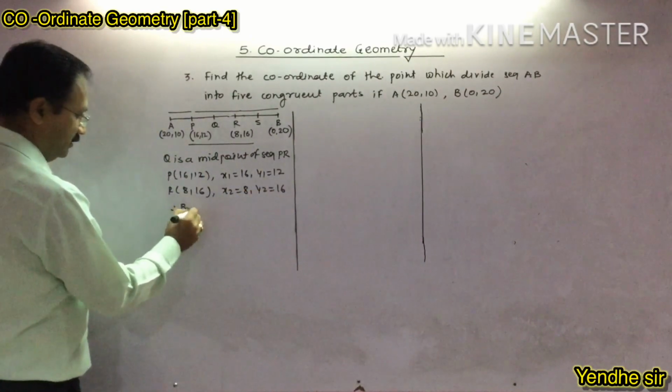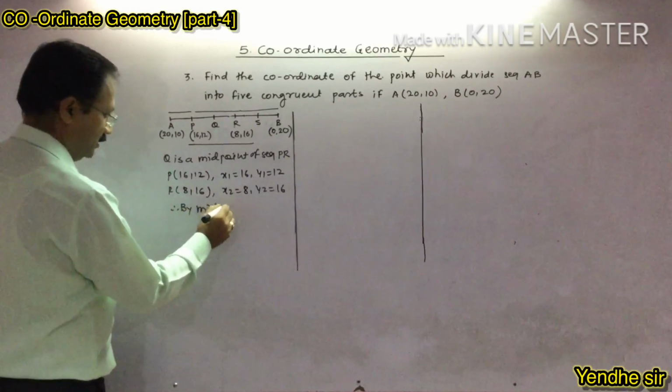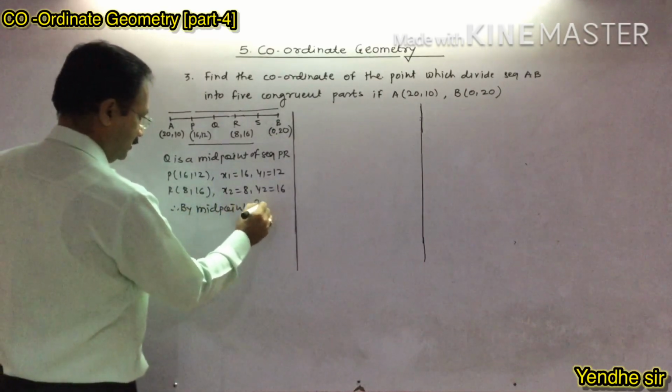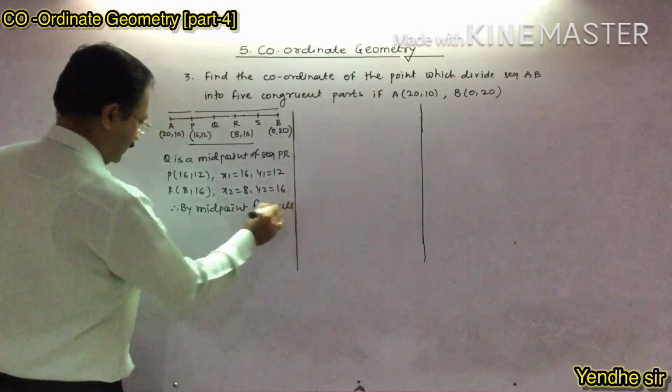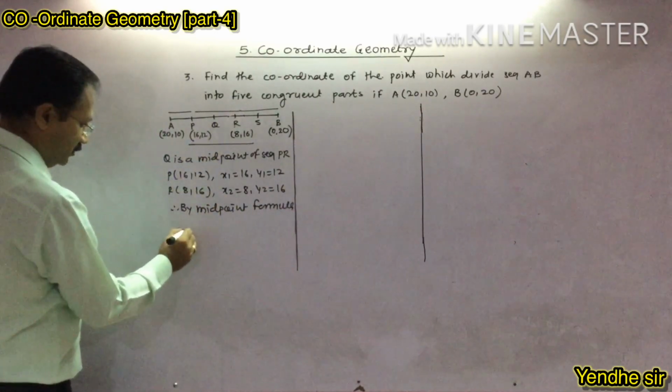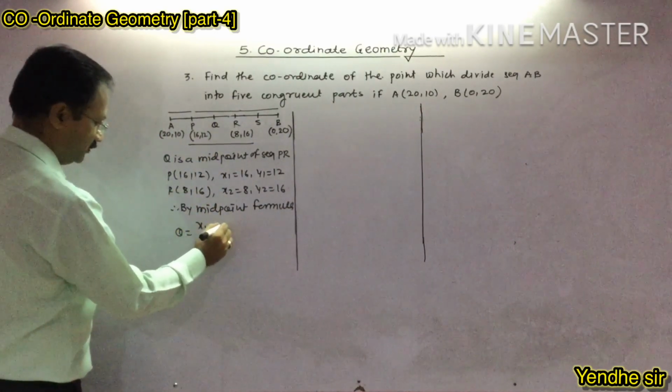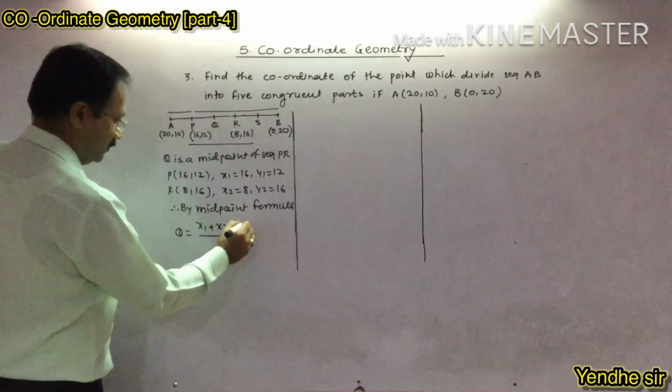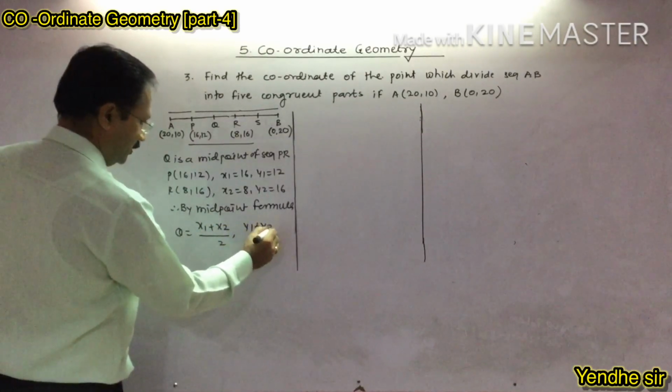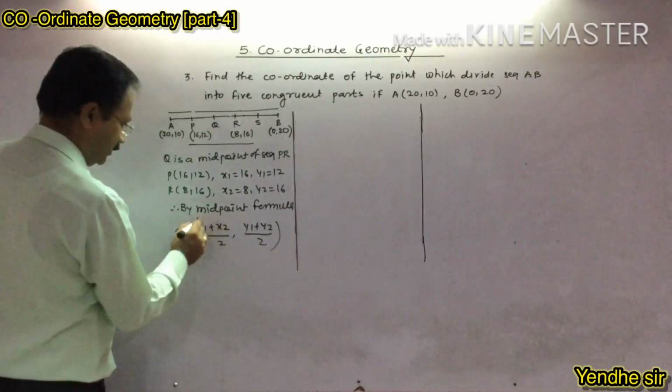Therefore, by the midpoint formula, Q equals (x1 plus x2) divided by 2, (y1 plus y2) divided by 2.